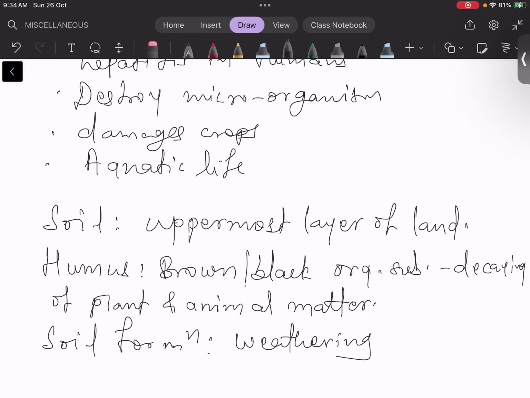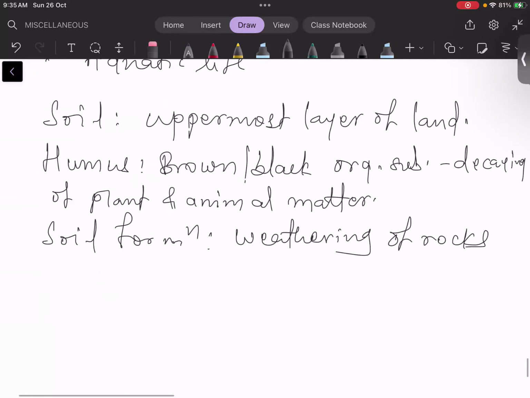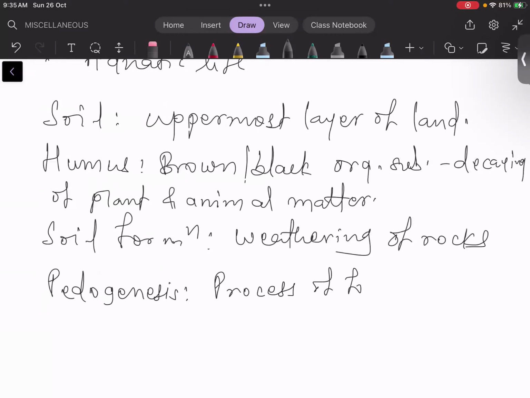Soil is formed from parent rock material over millions of years by the process of weathering. The process of formation of soil is called pedogenesis.